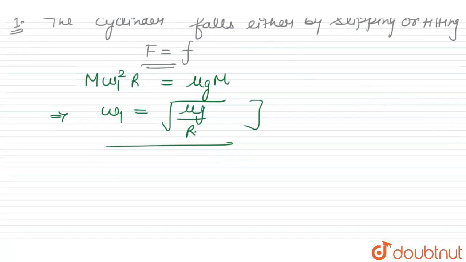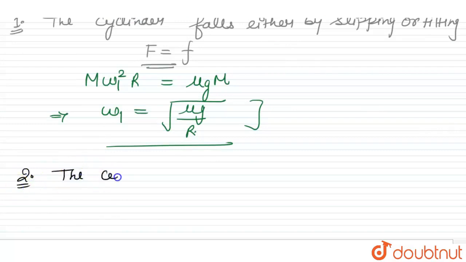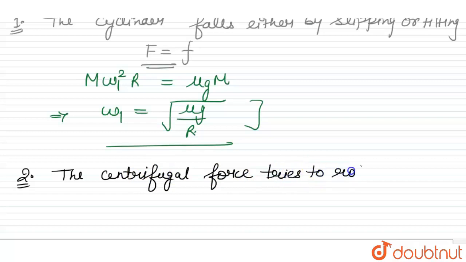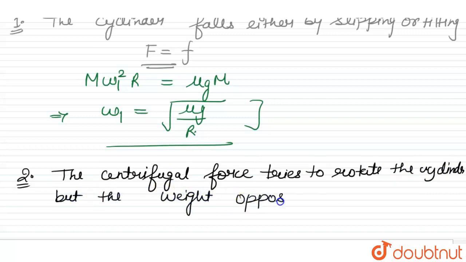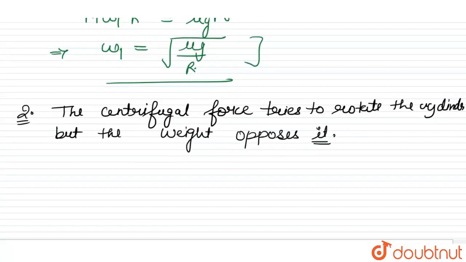Okay, in this situation, let us say the angular velocity of the disc is omega 2.